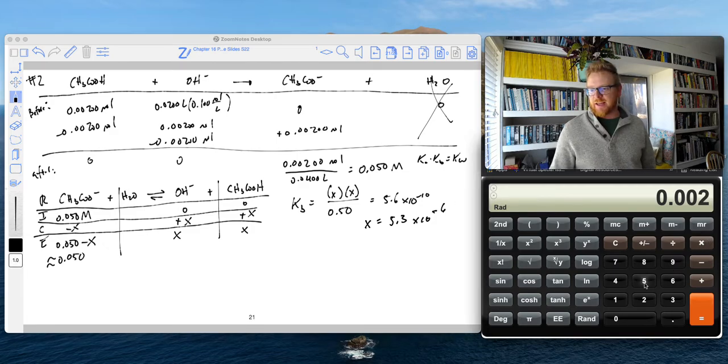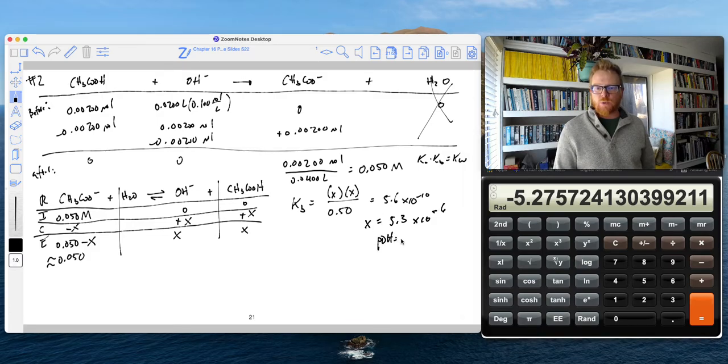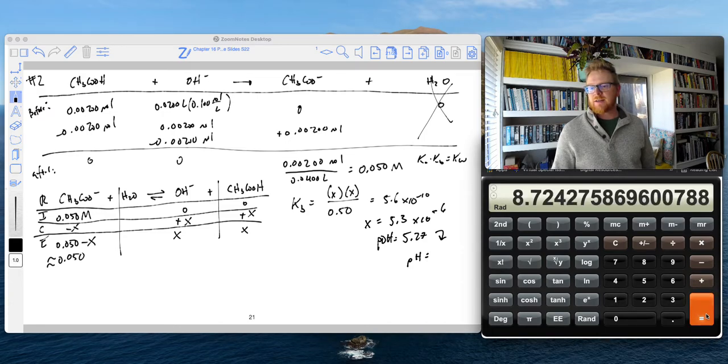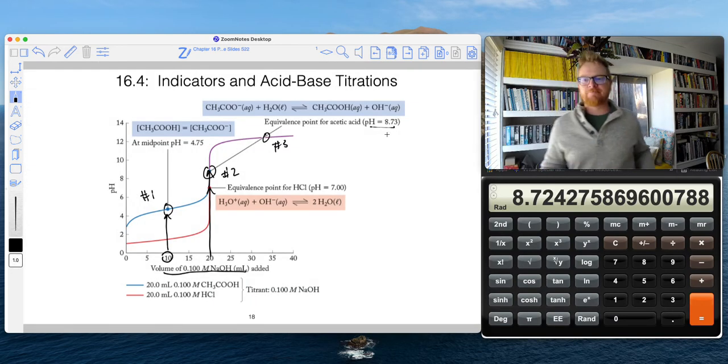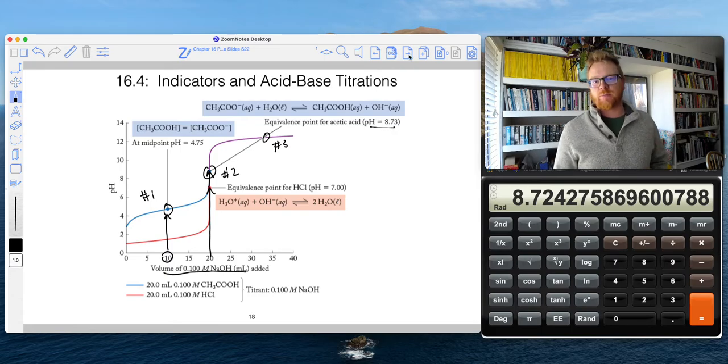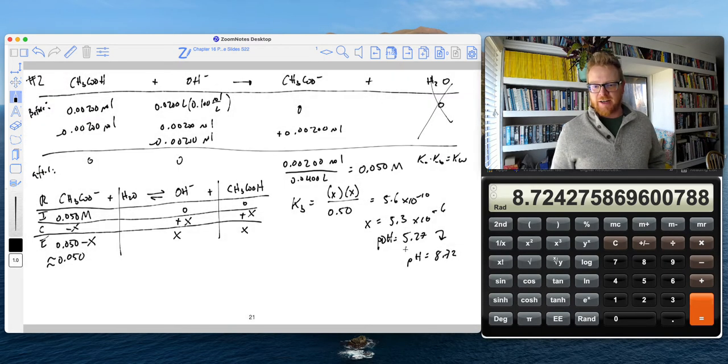So now if I take 5.3 times 10 to the minus 6, and I take the negative log of that, that's my pOH, which is 5.27. And if I convert that into a pH, so over here I'm just going to say plus 14, I get 8.72. And let's see how we did. Okay, so they're saying 8.73. Close enough for me. Probably our sig figs got tied up somewhere around there.